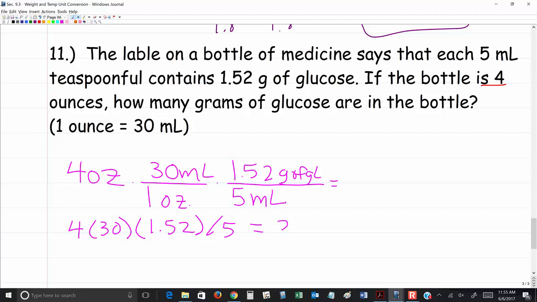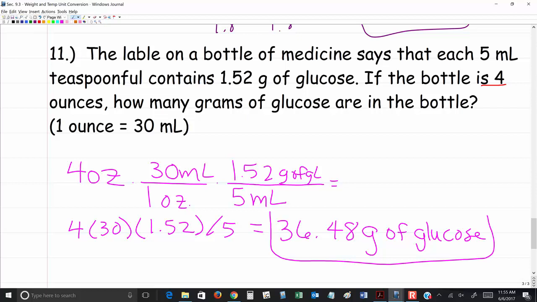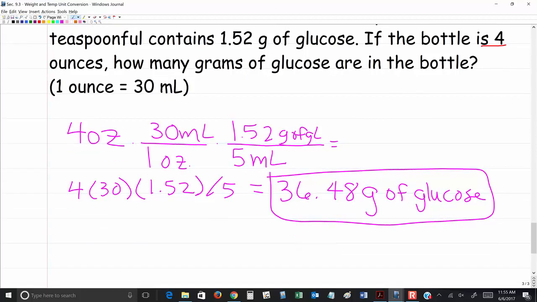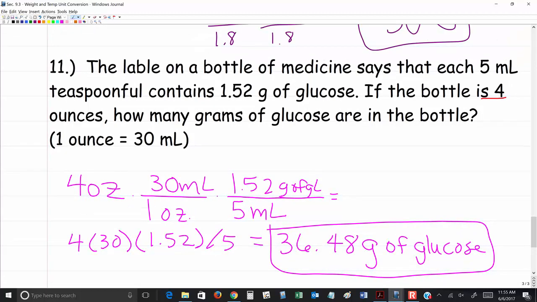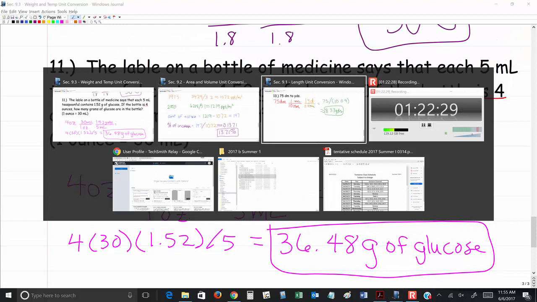That gives me 36.48 grams of glucose. All right, so that is it for chapter 9.